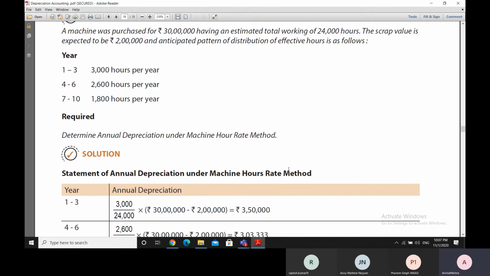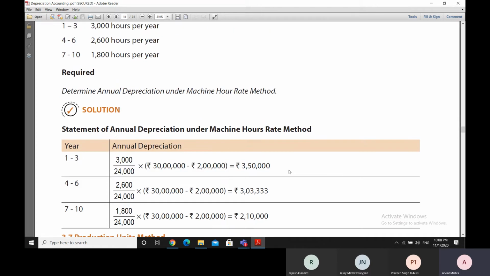So 30 lakh minus 2 lakh is the 28 lakh amount. 28 lakh amount will be proportioned in the ratio of 3,000 upon 24,000. So 1:8 ratio. And this would mean a yearly depreciation of rupees 3,50,000.